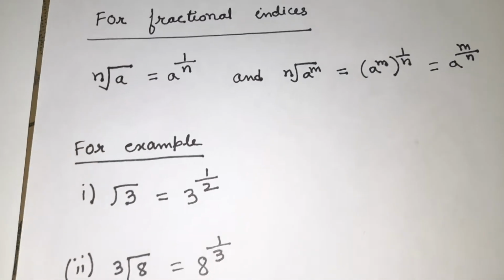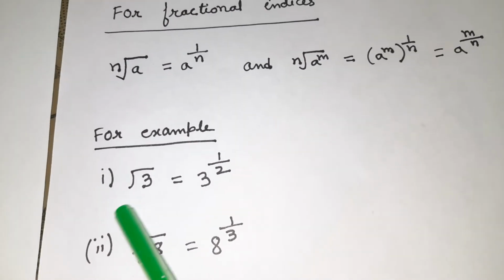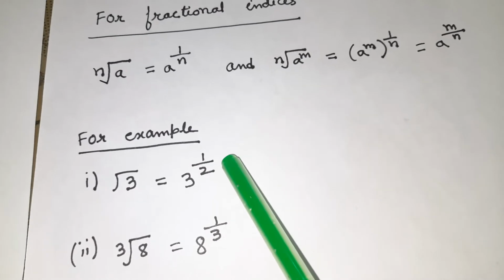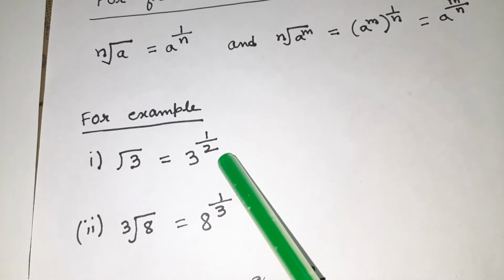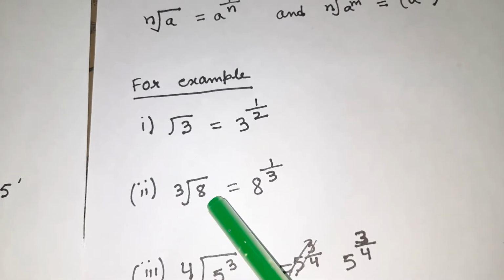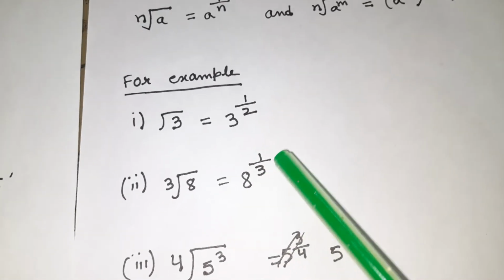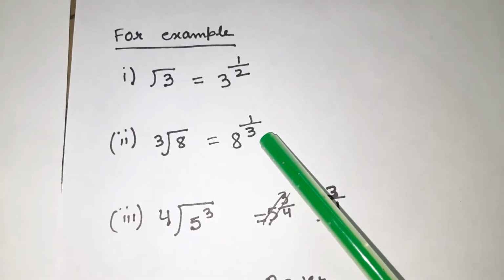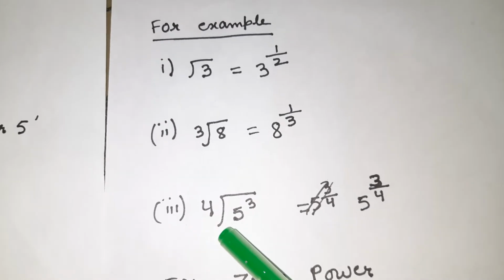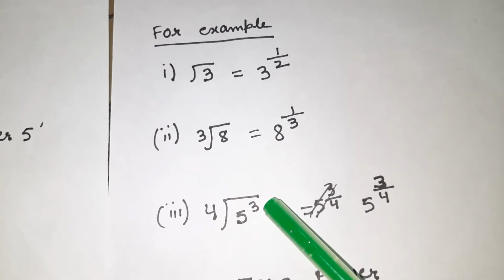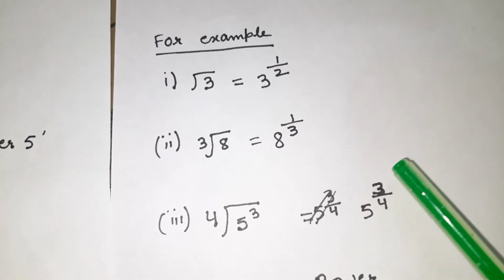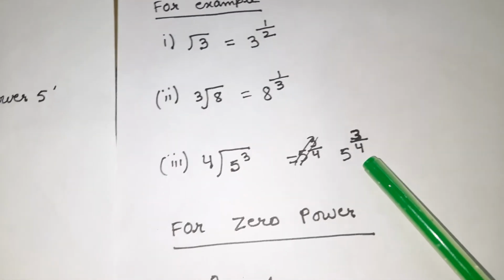Okay. For example, root 3 means 3 raised to the power 1 by 2. Take another example. Cube root 8 means 8 raised to the power 1 by 3. Okay, is it clear? Fourth root of 5 to the power 3 means 5 raised to the power 3 by 4.